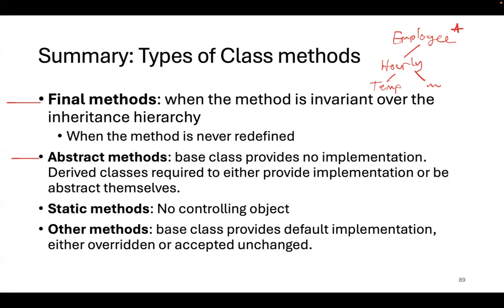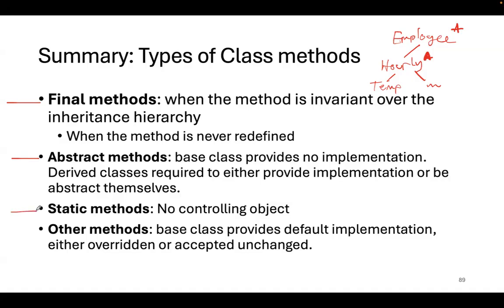I don't want to make an employee object. There are more specific things. But also hourly, while it's a little bit more specific, a kind of employee, it doesn't make sense to create an hourly employee object. I want to be more specific. So there's a temp employee and the other thing that I'm currently forgetting.